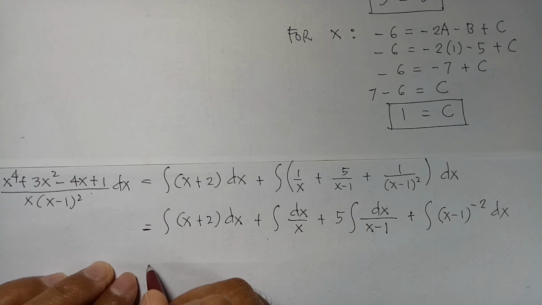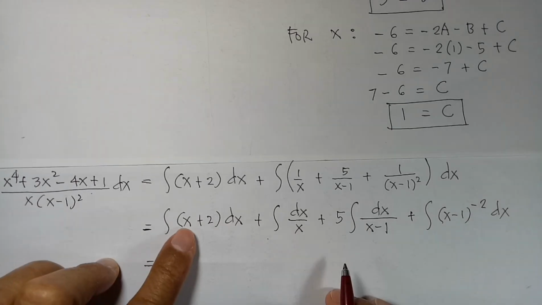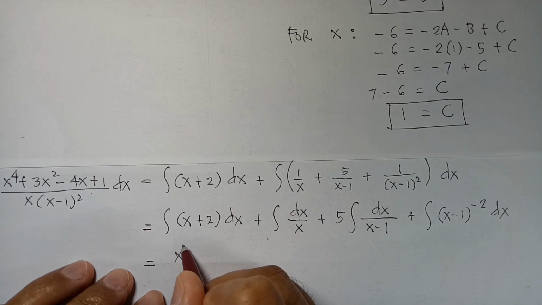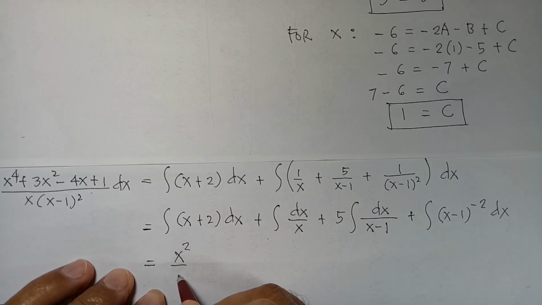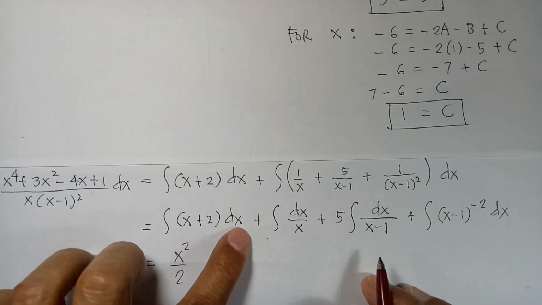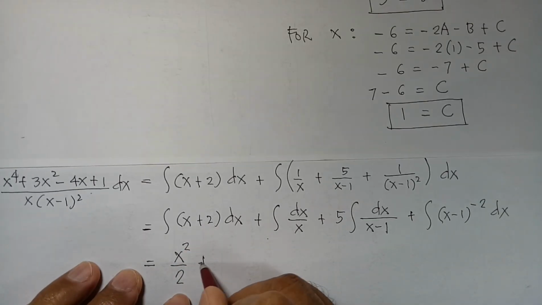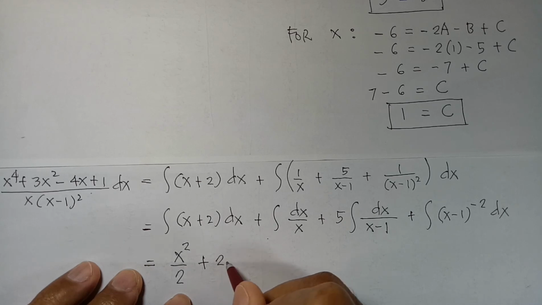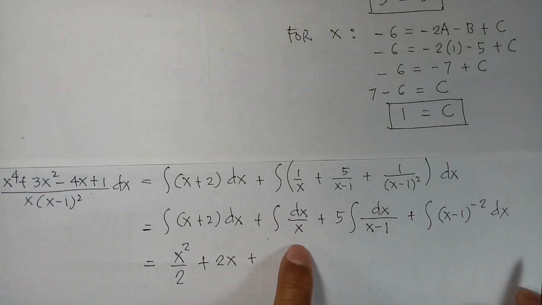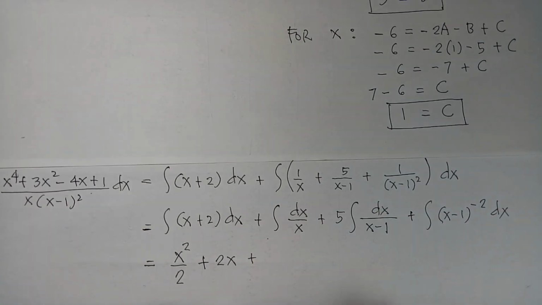So let us integrate. The integral of x dx equals x squared over 2 by the power rule. The integral of 2 dx equals 2x, so plus 2x. And then plus the integral of dx over x is ln of x.